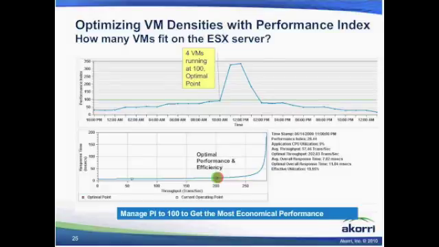So in this example, if you have 4 VMs running at 100, you're at that optimal point, balancing both performance and efficiency, getting the most out of your infrastructure. If you throw one more on there, performance is going to decrease.